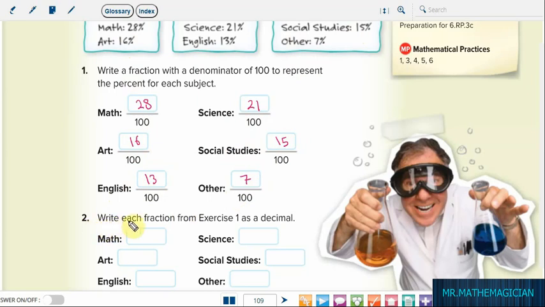Number 2. Write each fraction from exercise 1 as a decimal. You know, over 100, so the decimal point will be after 2 places.